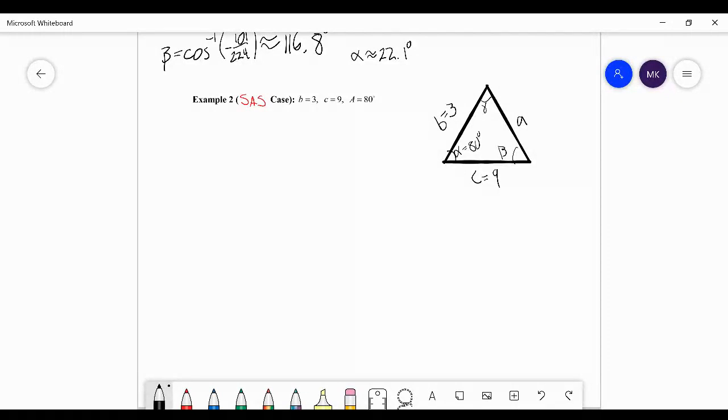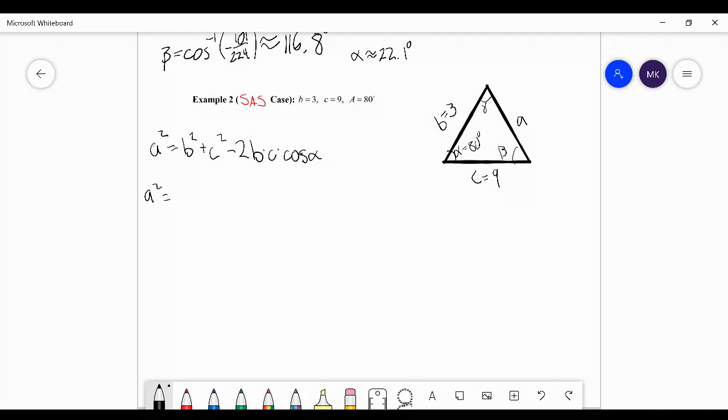So we use the traditional form of the law of cosines, which says that a squared equals b squared plus c squared minus 2bc times cosine of alpha.